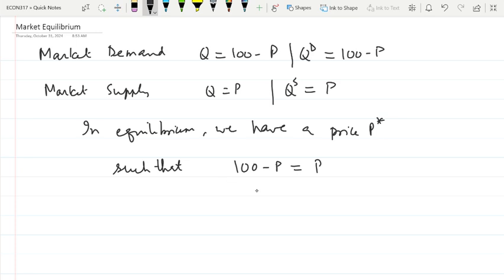We should be able to solve it, and the way we typically solve, I want the constant, the number on one side, and the variable on the other side.